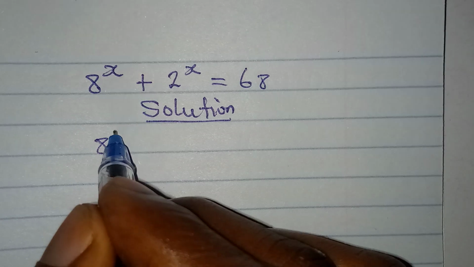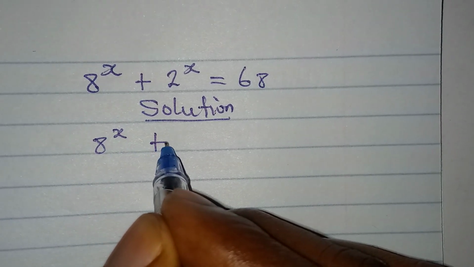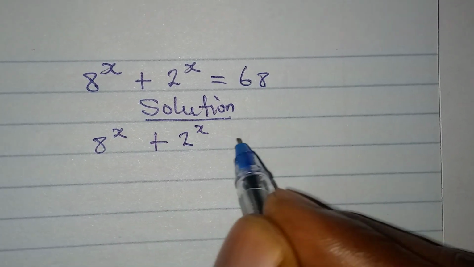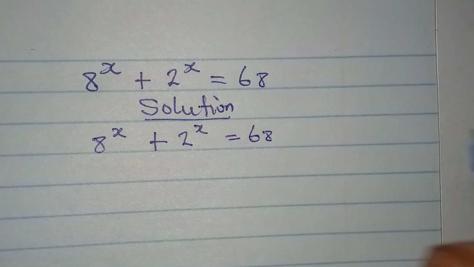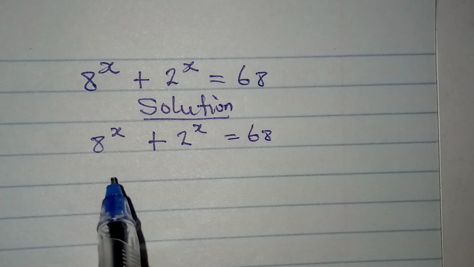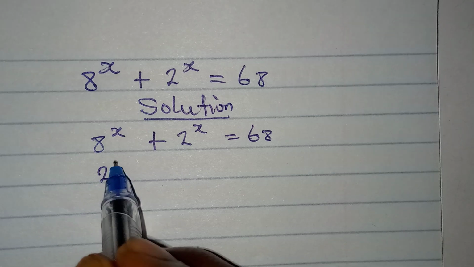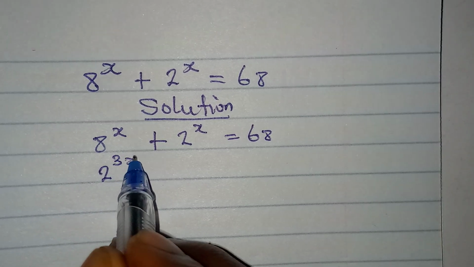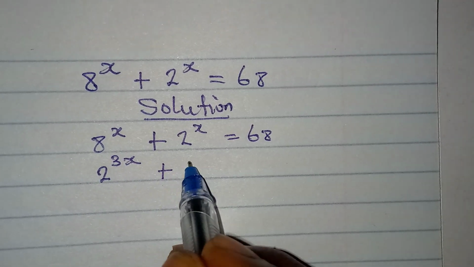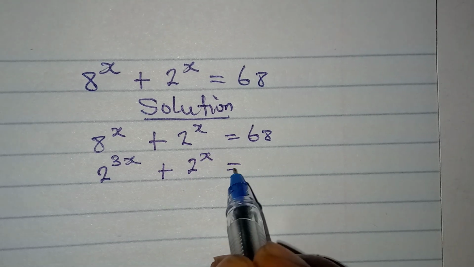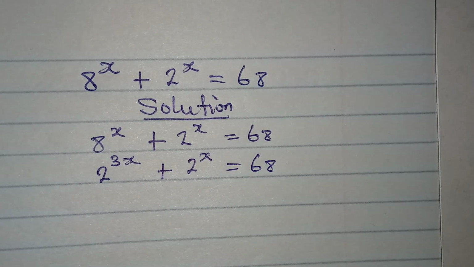8 to the power of x plus 2 to the power of x equals 68. Okay, so 8 here is the same as 2 to the power of 3, then raised to x, plus 2 to the power of x equals 68.